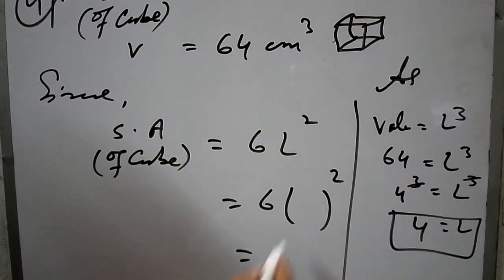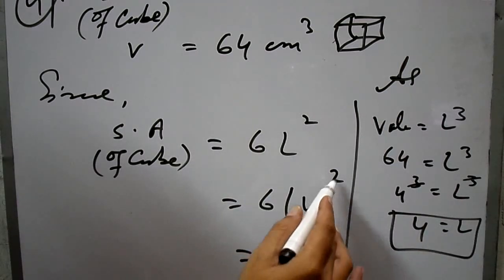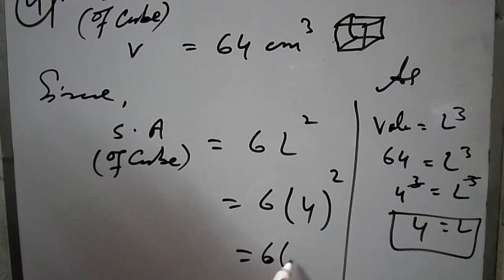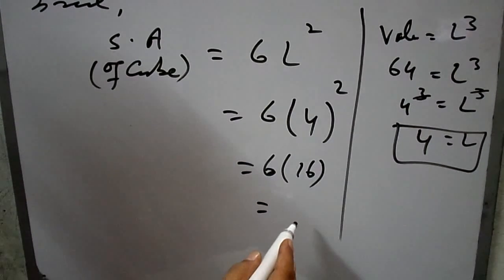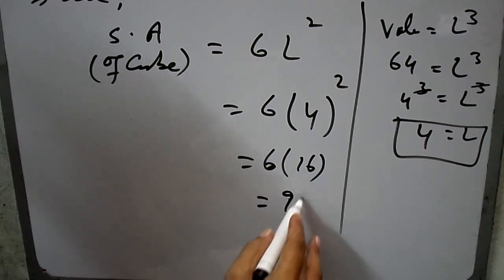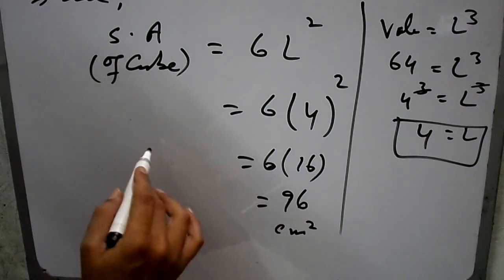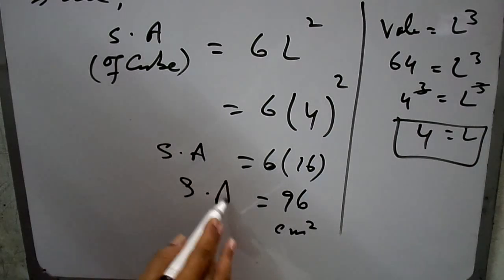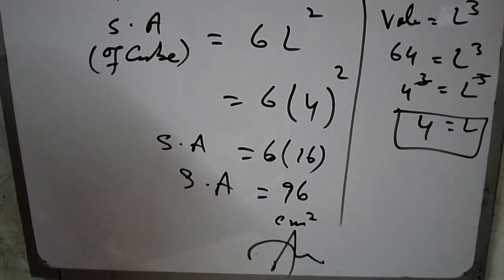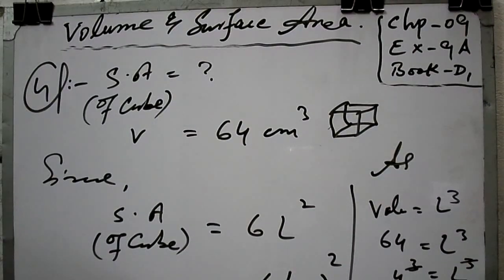So the length is 4, put here 4, and first of all you have to work out its square, so 4 4s are 16, 16 into 6, that is your 96 centimeter square is your surface area of a cube. So that is your result. Coming to the next question, in which you have been asked to find the total surface area of a solid.